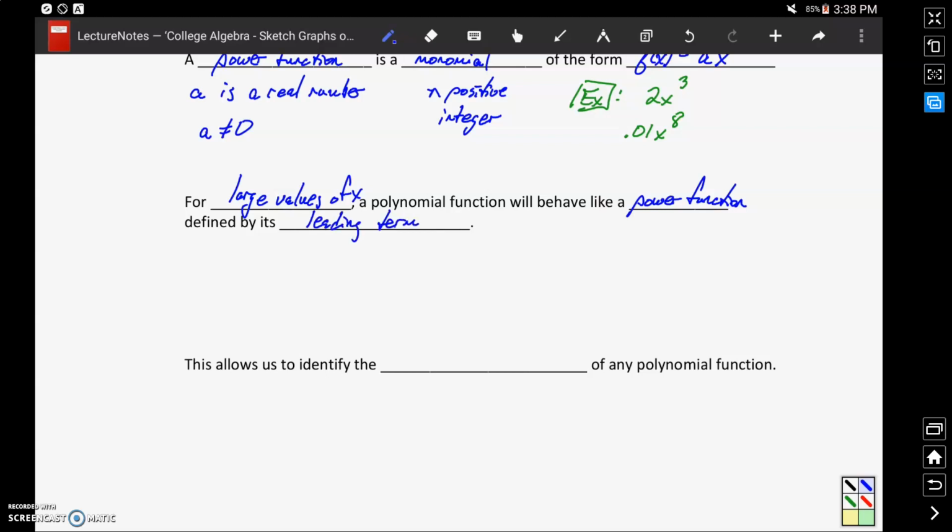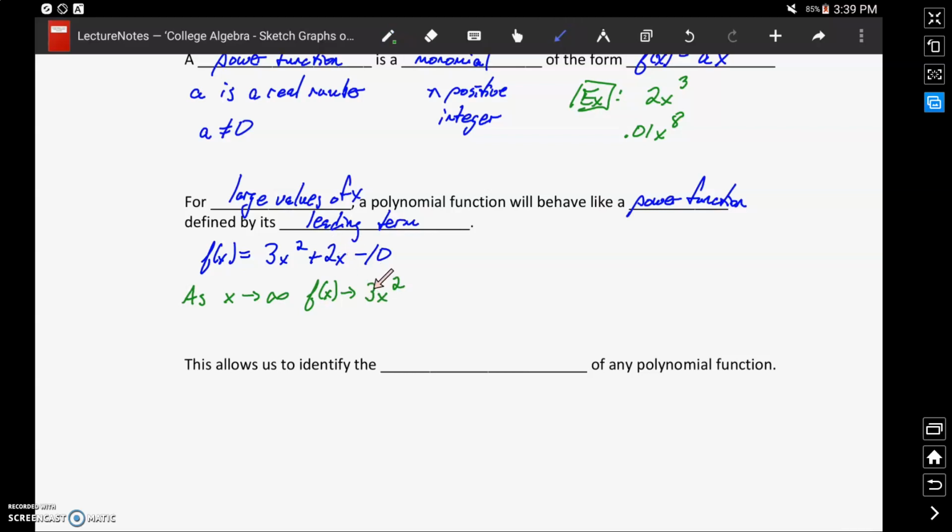So something like f of x equals 3x squared plus 2x minus 10, we could say that as x gets very large, so as x approaches infinity, our function f of x will be behaving very similar to, or will be approaching the function 3x squared.